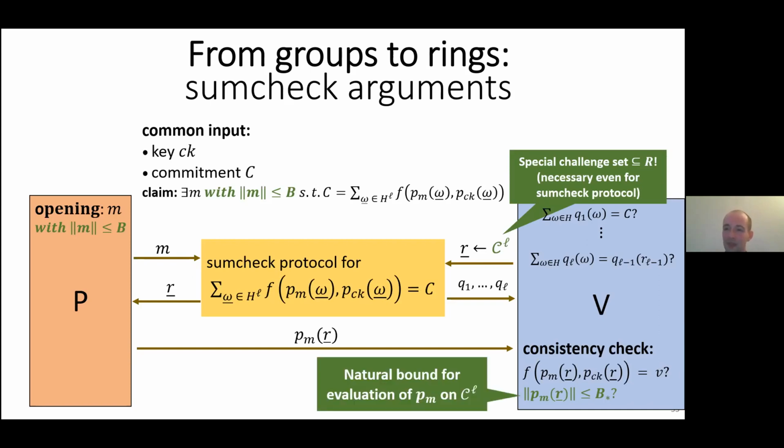And in particular, the bound that the verifier checks on the prover's evaluations is just a simple bound that you get from working out the size of the points where the prover evaluates the polynomial and the size of each element of the message.